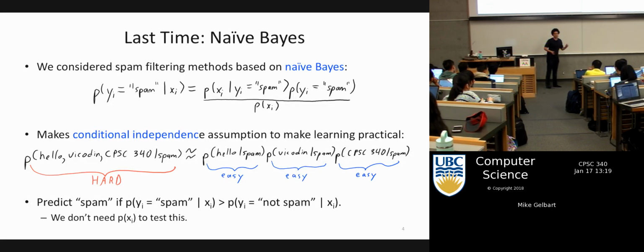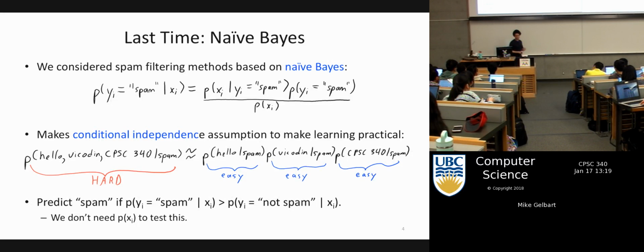Maybe it would be better to say probability of hello and Vicodin and not having 340 in the email equals the probability of having hello times Vicodin times 1 minus the probability of having 340, or the probability of not having 340, because it kind of looks like the number of things you multiply together equals the number of words in that email, but you're really multiplying together d factors every time.